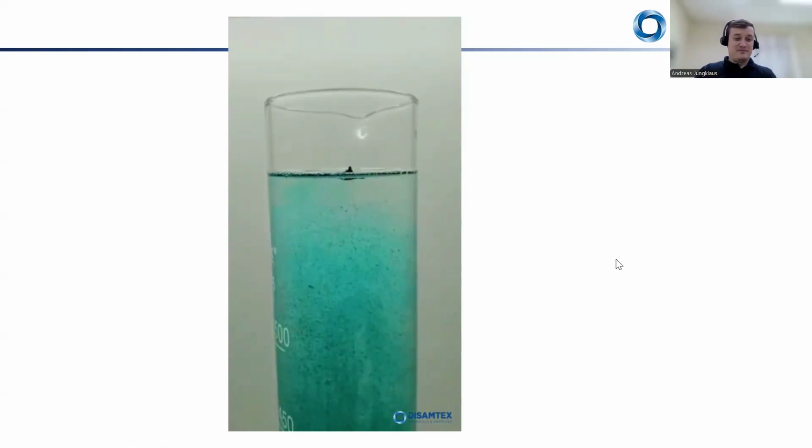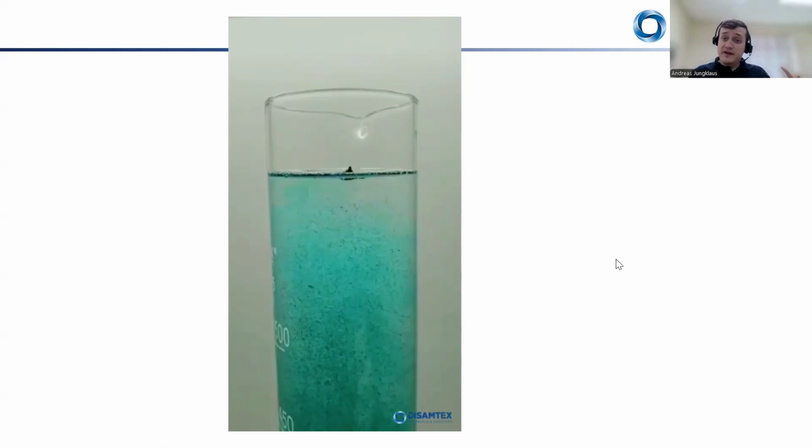Excellent. Beautiful, isn't it? So you saw a liquid medium in a glass representing the binder phase of a paint system. And when pigment is added, it remains floating on the surface because the liquid cannot properly wet the dry particles. And this happens due to high interfacial tension between the pigment surface and the liquid.